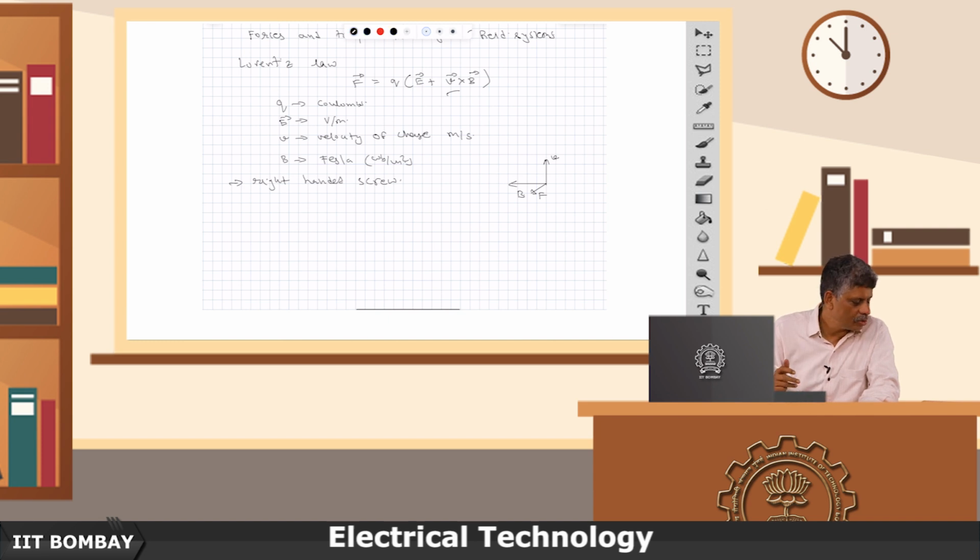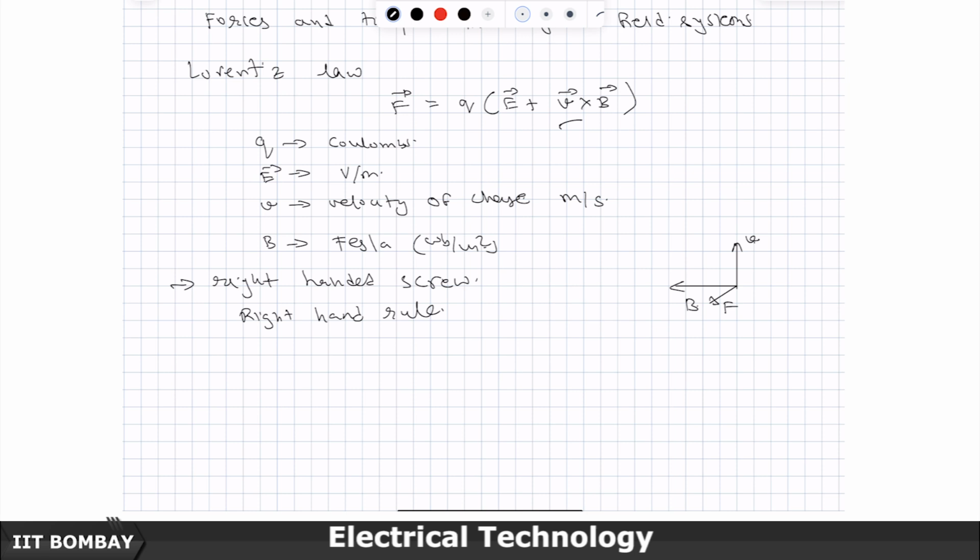But many of you must have also studied and known that this can also be figured out from the right hand thumb rule, which is to say that the thumb is pointing in the direction of V, V comes first, the index finger is pointing in the direction of B of the right hand, and then the middle finger is pointing in the direction of F. So, you can explain it this way also.